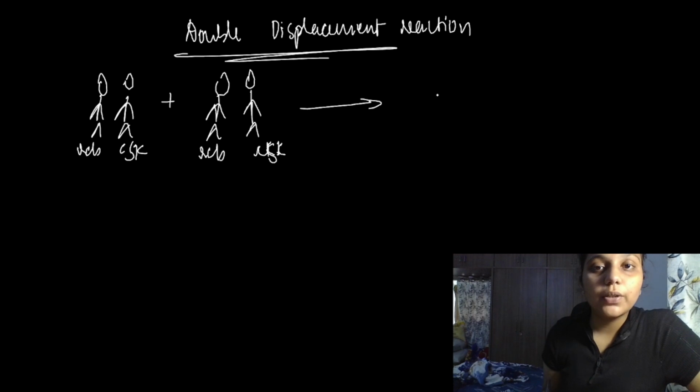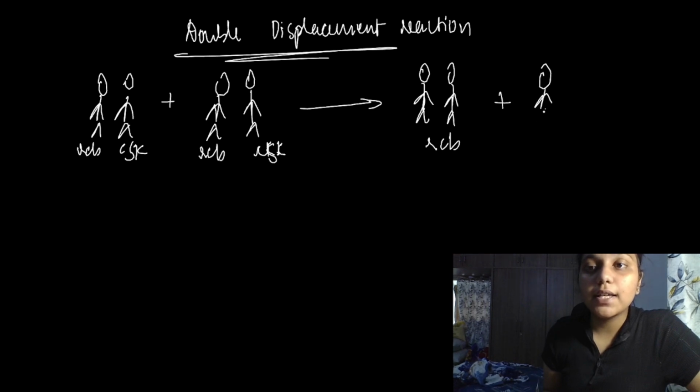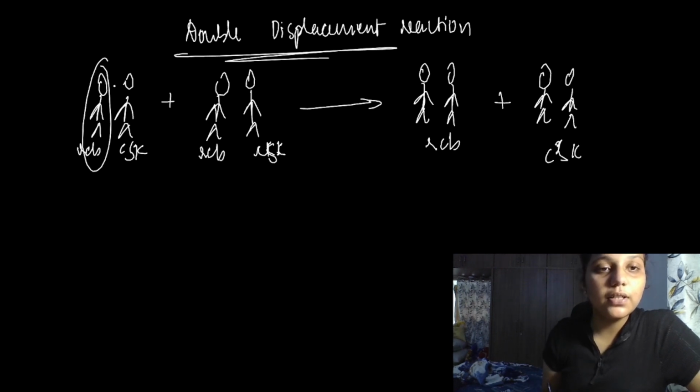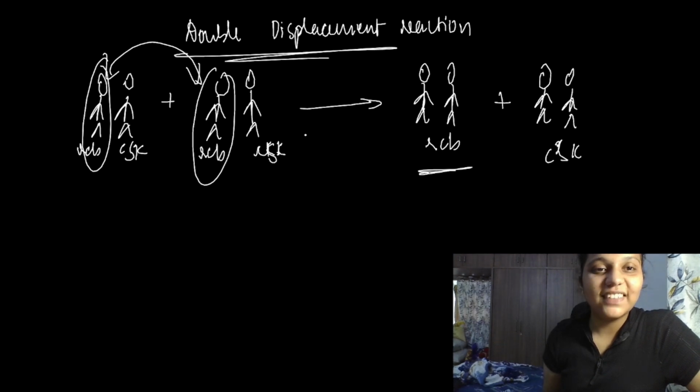Okay. So when IPL comes, RCB fans team up into one, and CSK fans team up into one. Fine. So here we can observe that there is one substance here and one substance here which are going to become together in the future. In the same way here also. So that is double displacement. Funny, right? Okay.